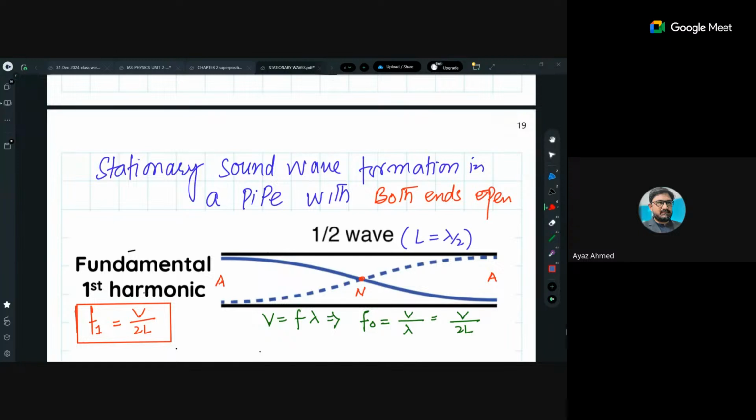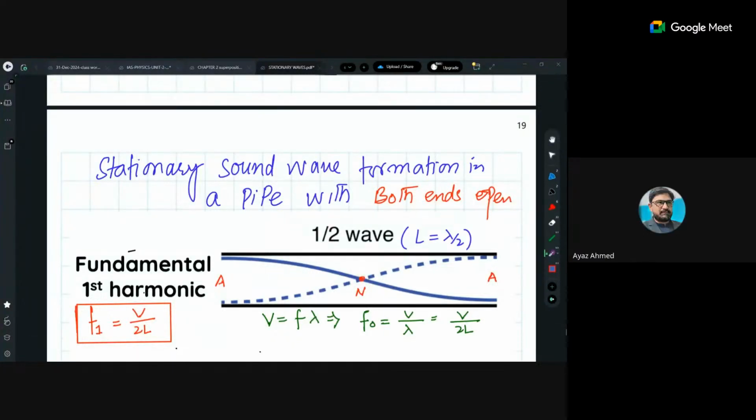The next is the stationary wave formation in a pipe with both ends open. If you have a pipe with both ends open like this, you will get two antinodes at the open ends. And nodes will be formed in between.